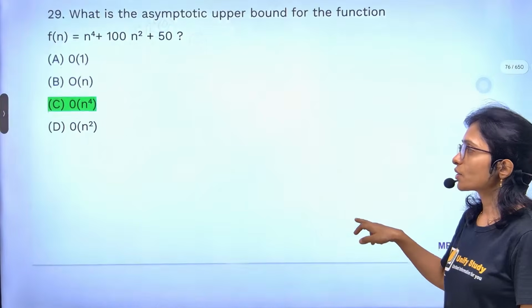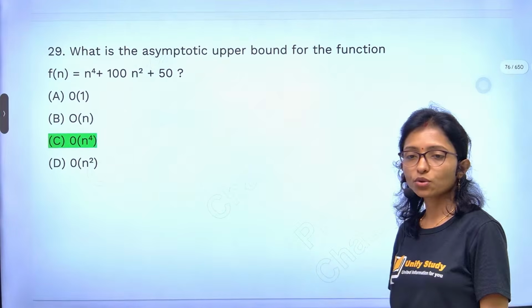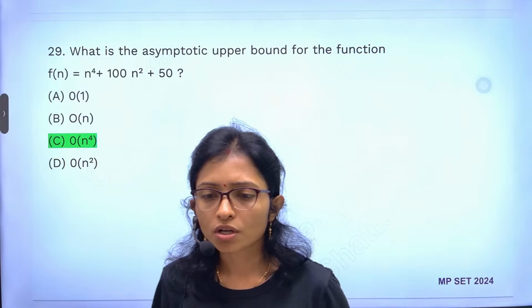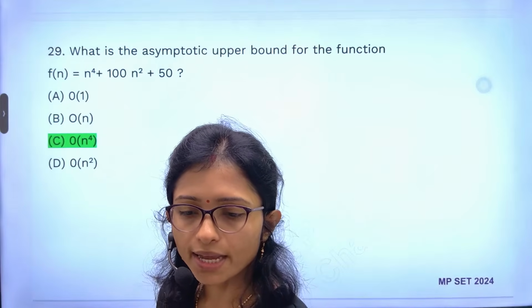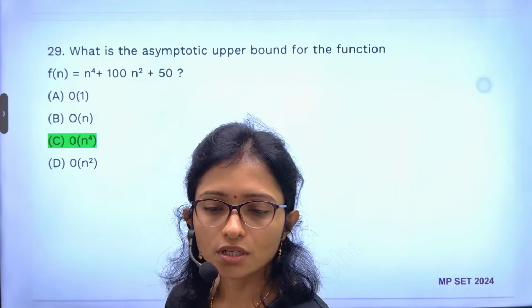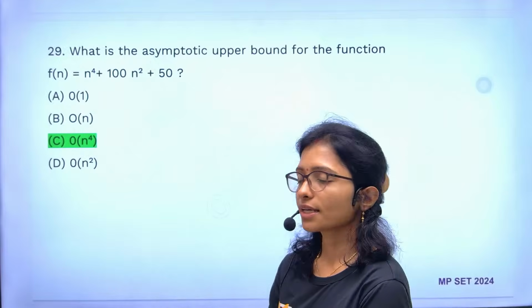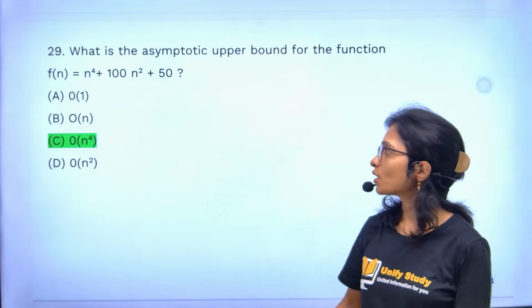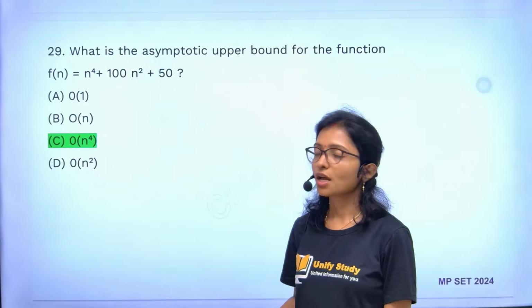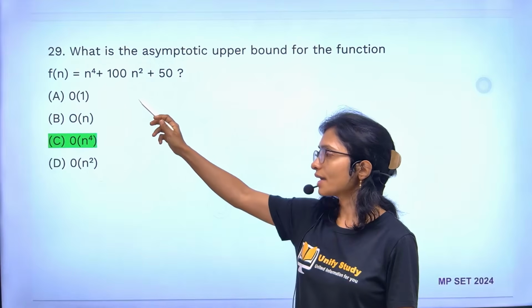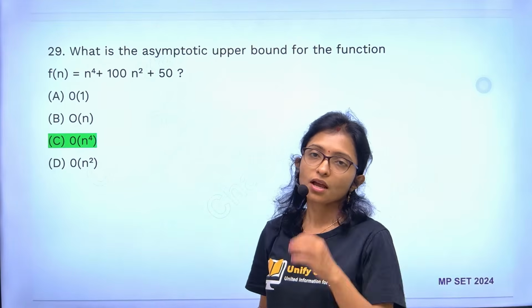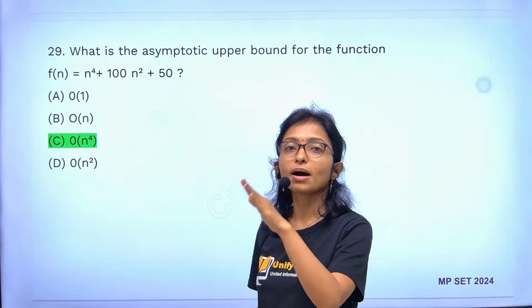Okay. So here it is order of n to the power 4. Upper bound is not always the higher power, and lower bound the lower power. No, not like that. Upper bound means the maximum time required.